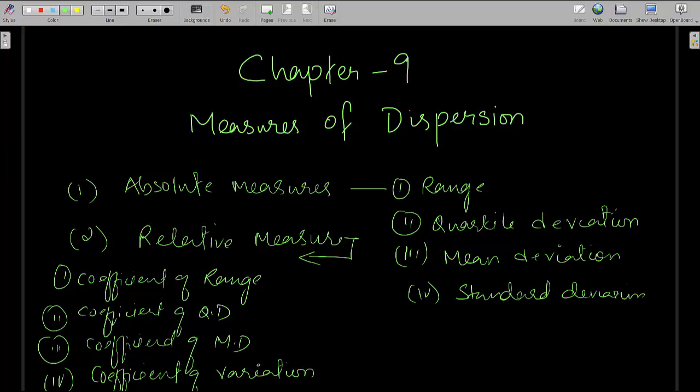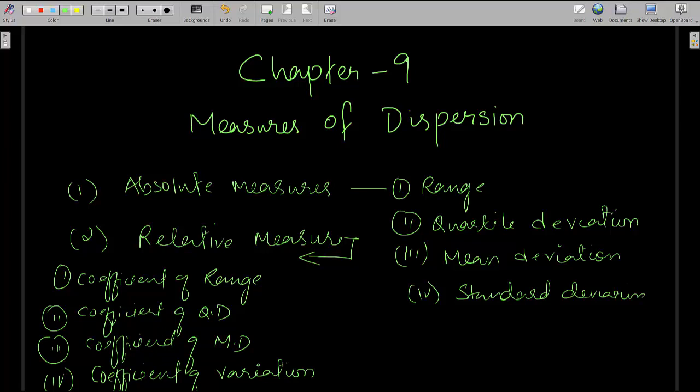The reason why we're doing it like this is because it will be confusing for you if we first calculate all the absolute measures and then learn how to calculate relative measures, because the formula is not that different. All right, so these are the topics that we'll be discussing in this chapter. Clear? So first, we will learn how to calculate range.